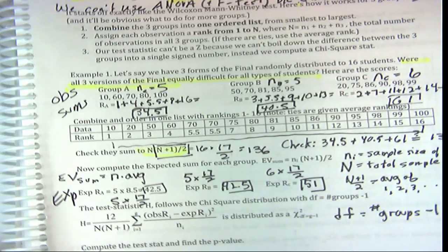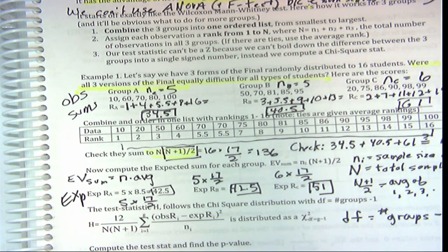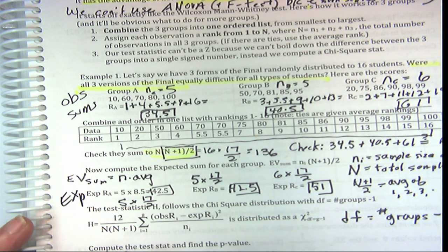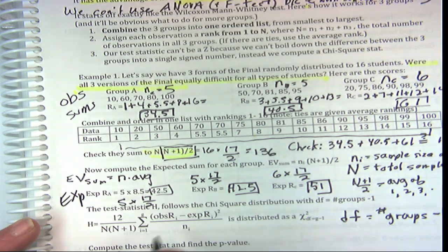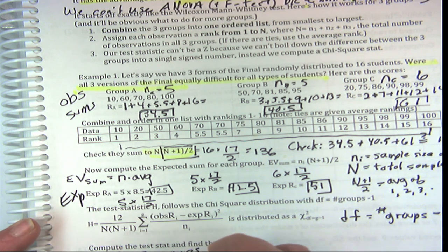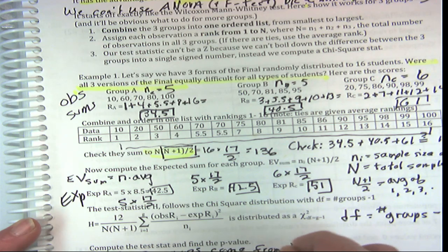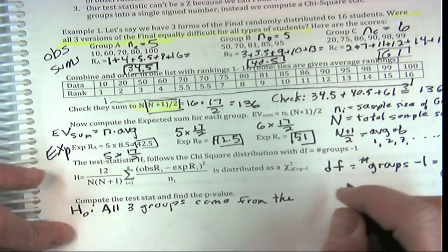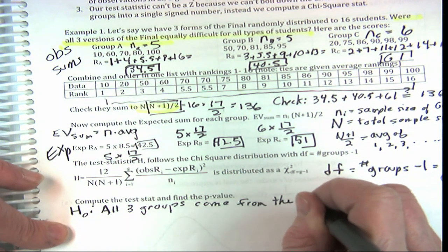That's the same as saying that the null is all three versions, all three groups, came from the same distribution.